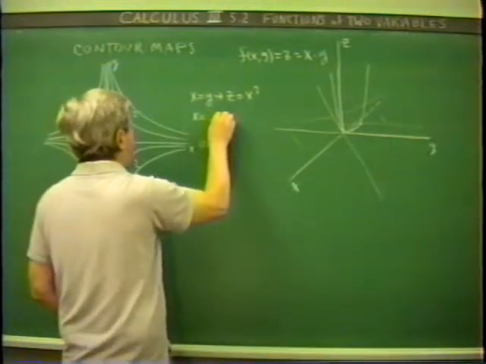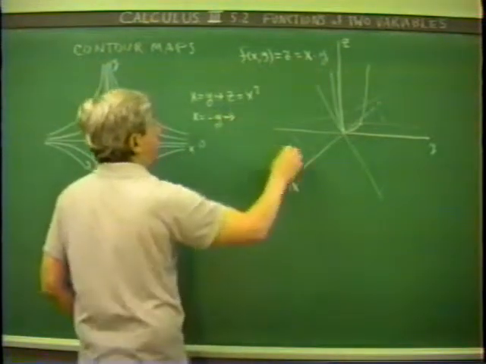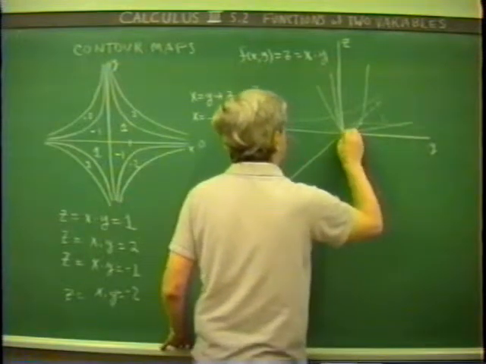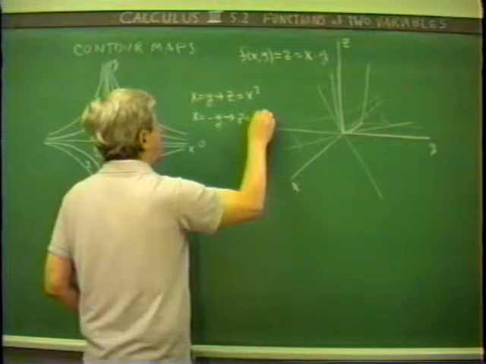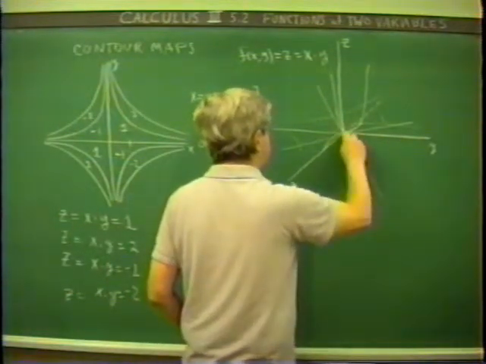When x equals minus y, on the graph on the line x equals minus y, we have z equals minus x squared. That's a parabola opening downward like this.